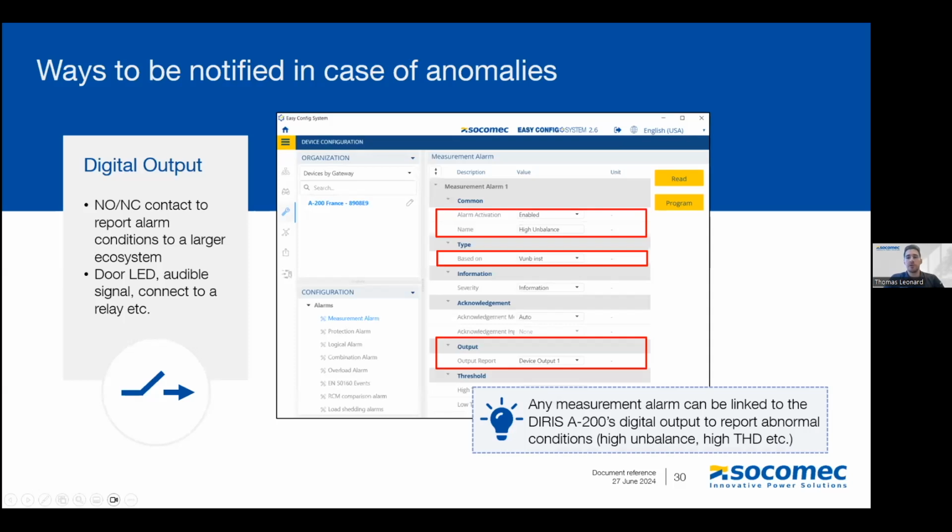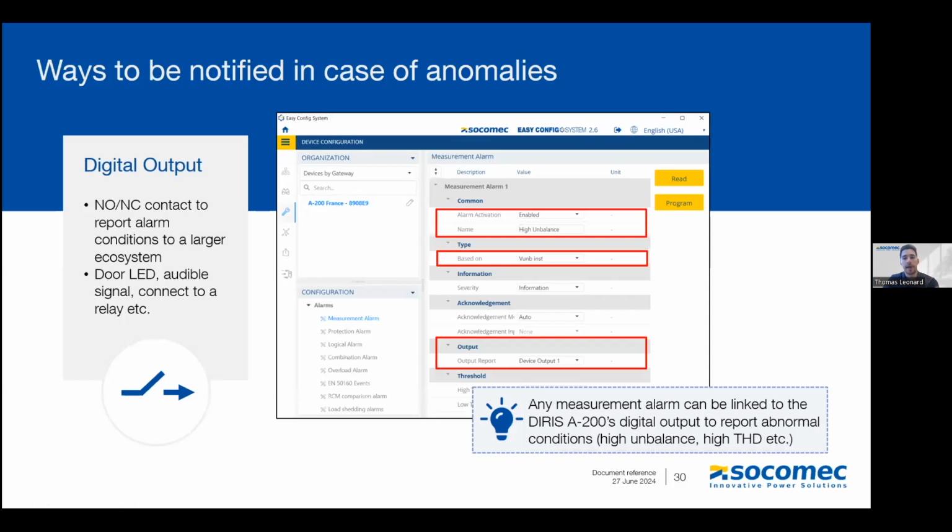Another way to be notified is using the A200's digital outputs. We have a digital output that can be used to report an alarm. So any alarm that you configure on, for example, a high imbalance threshold or high harmonics, an overvoltage or SAG, any alarm on a condition can be reported into the A200's digital output.